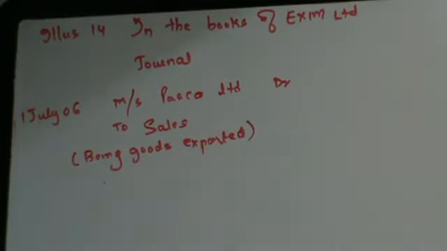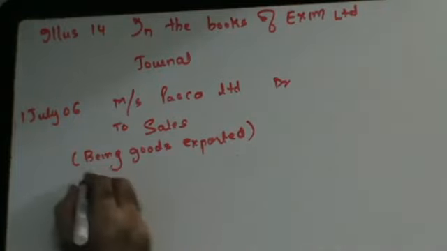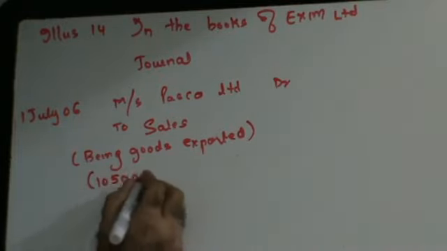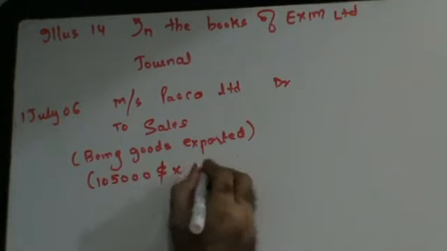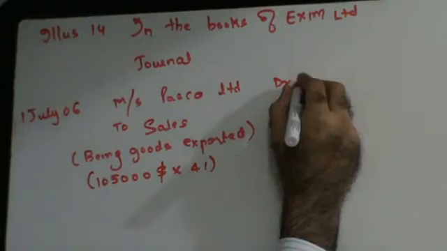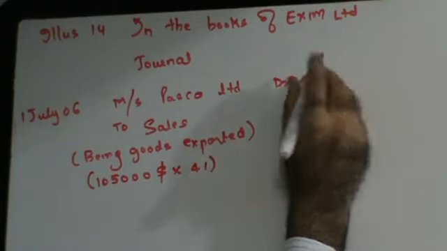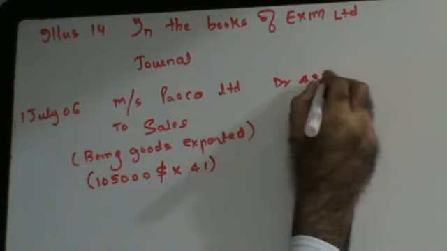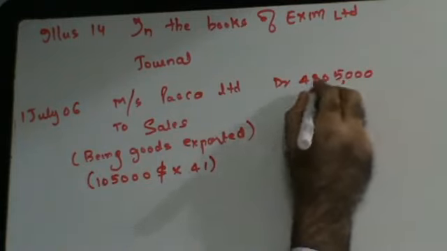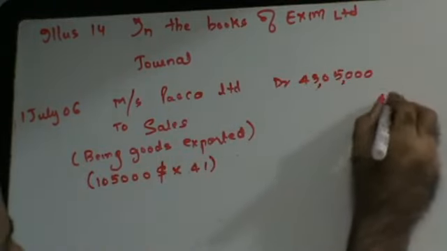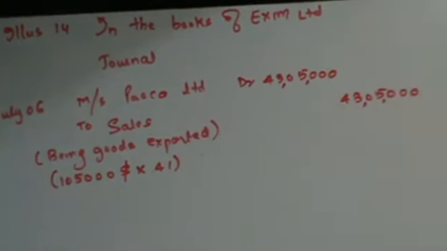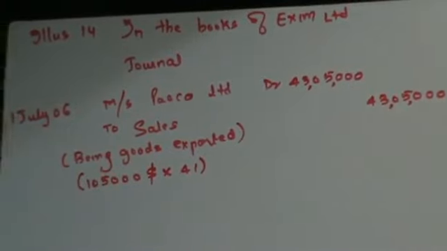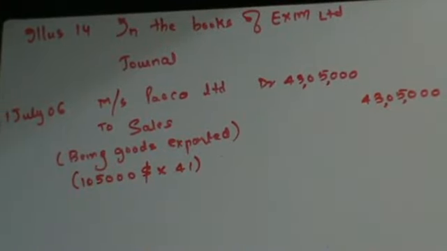You are exporting $1,05,000 worth of goods when the dollar rate is 41. So it comes to 43,05,000, being goods exported.